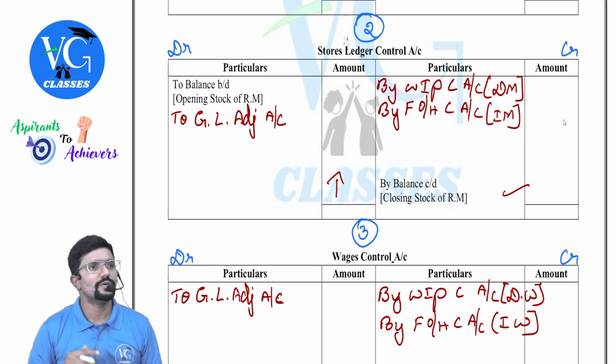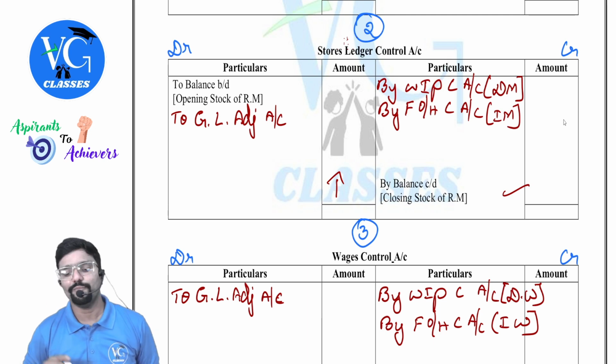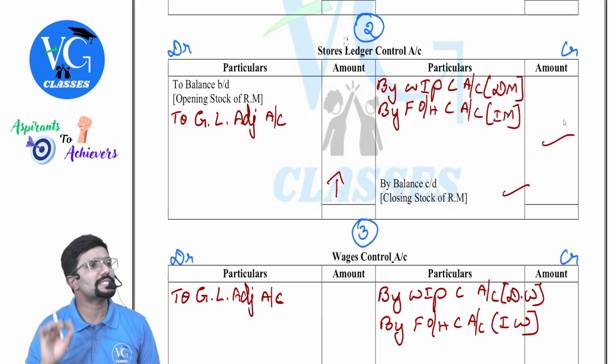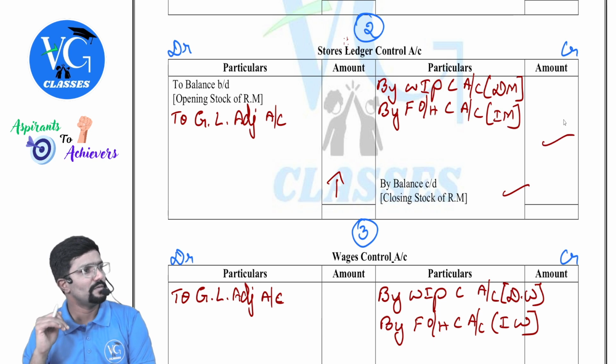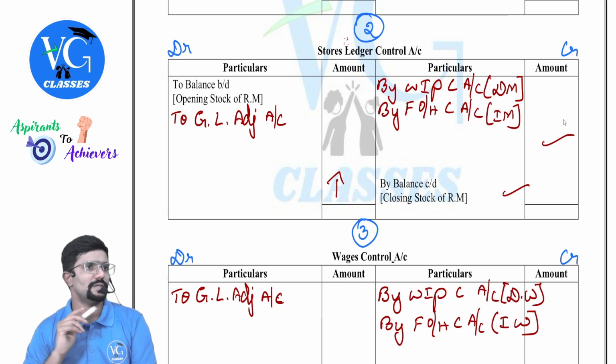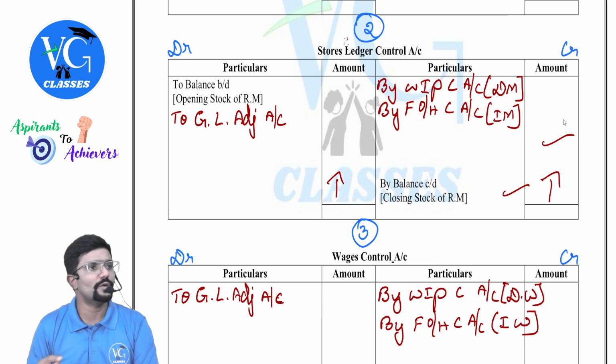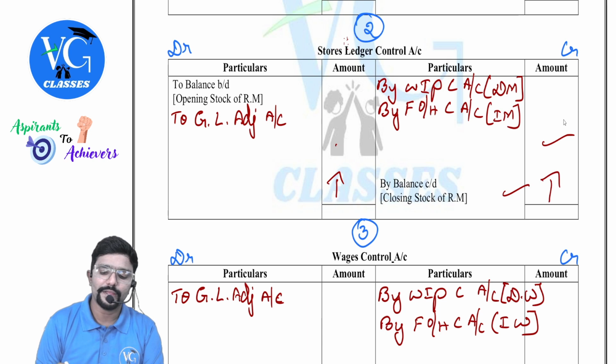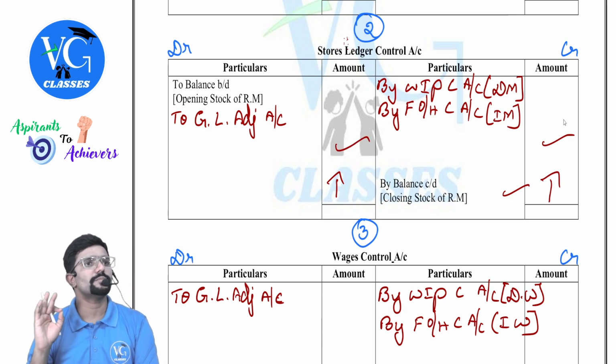If debit side is more, it is abnormal loss of materials. We will transfer it to costing P&L account. What if credit side is more? Then it is abnormal gain. Here also we will transfer it to costing P&L.